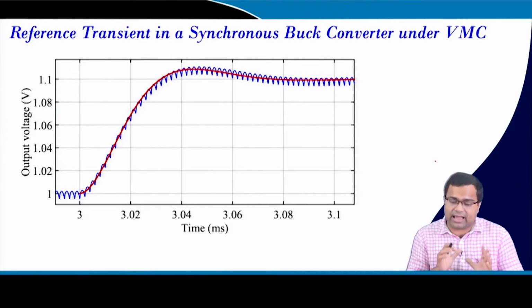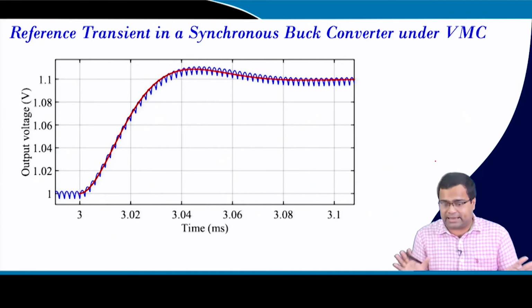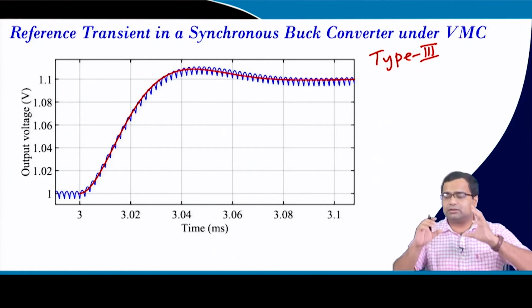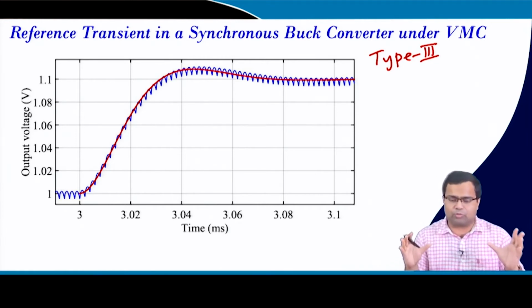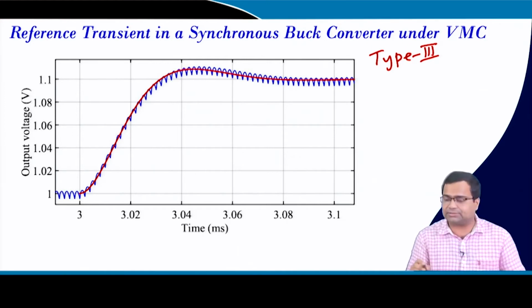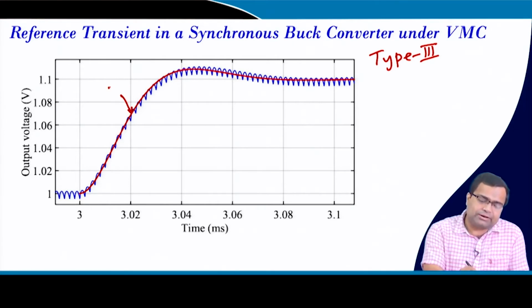Here again the buck converter is running under voltage mode control, and I am not saying what kind of compensator I am using, but it is well known that I am using a type 3 compensator, and we will soon discuss this compensator structure as well as its design for both buck and boost converters. For the time being, the red trace is the response from the small signal model.